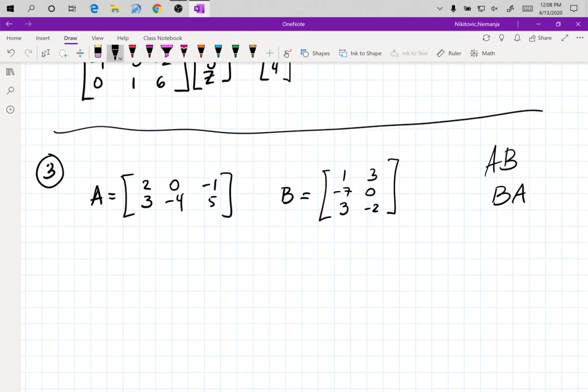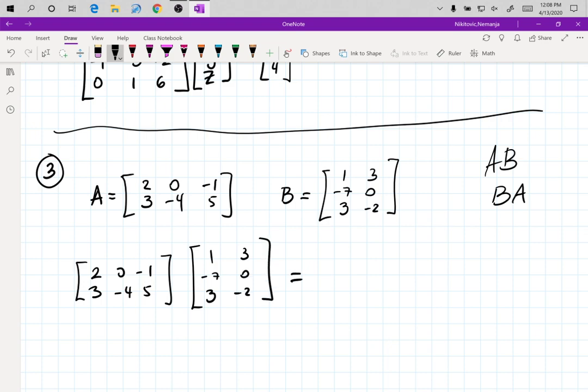All right, cool. So 2, 0, -1, 3, -4, 5 times 1, -7, 3, 3, 0, -2. The row onto the column. So if I'm starting with 2 by 3 and multiplying by 3 by 2, I'm getting a 2 by 2 answer.